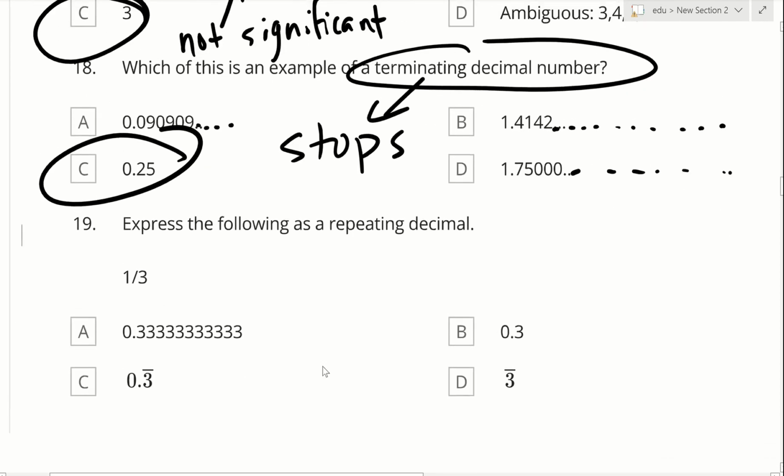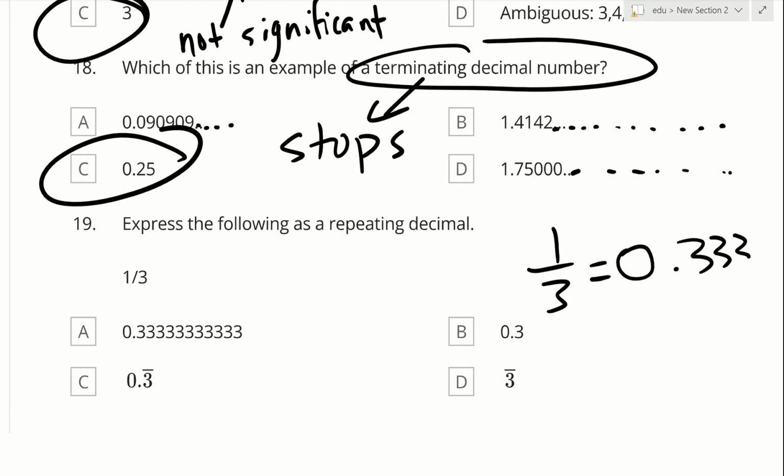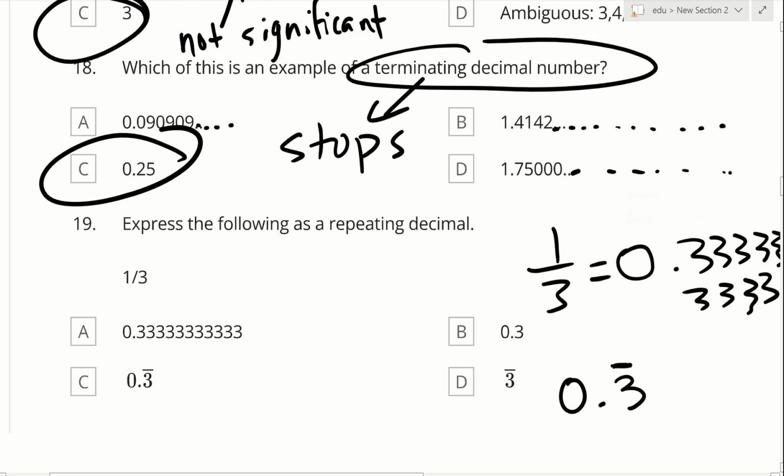So I have a third. If I were to put this in a calculator, it's going to give me 0.33333333, right? It'll be repeating. How would you express it? Anytime you have a repeating decimal number, you just put a line over it, or sometimes a dot.